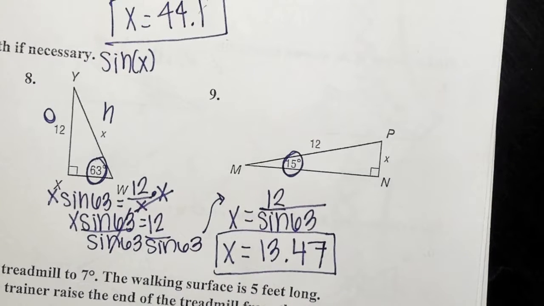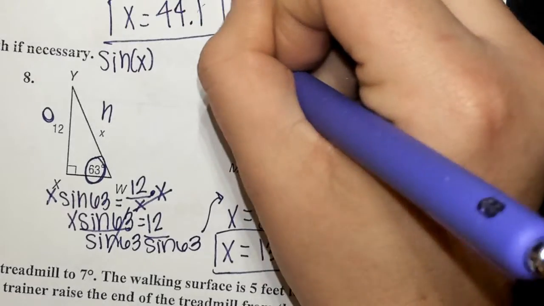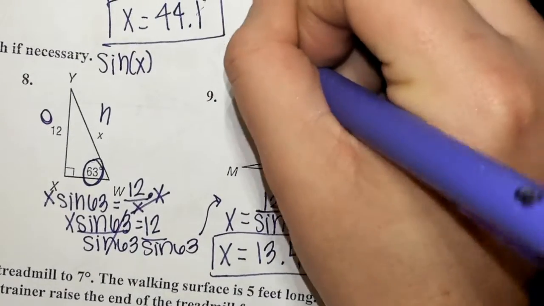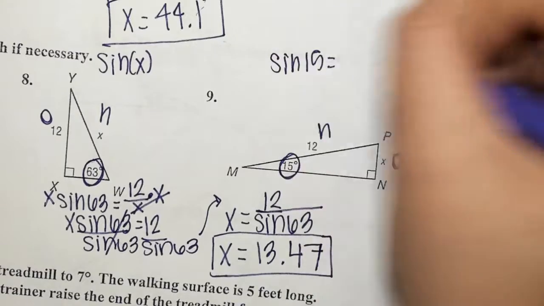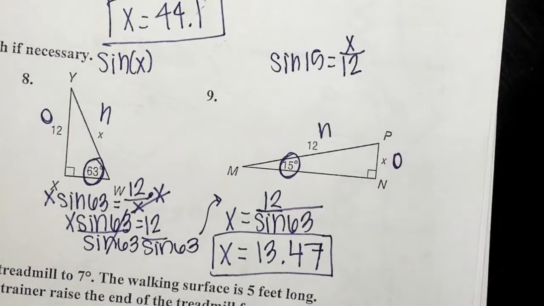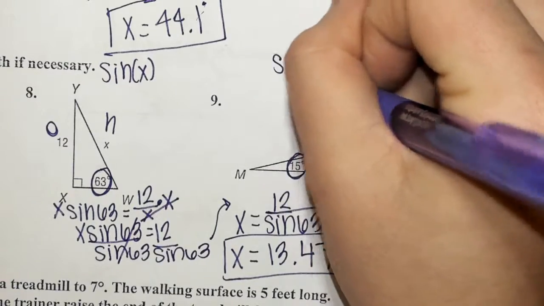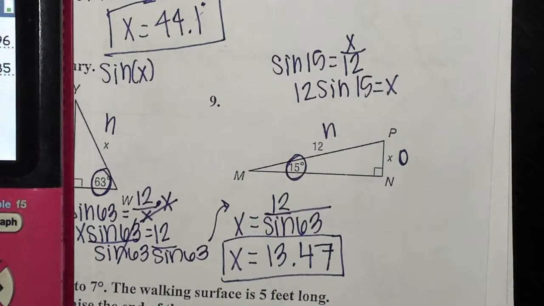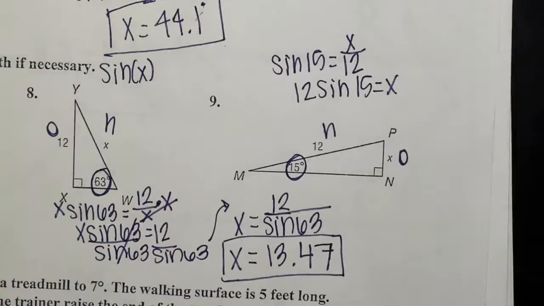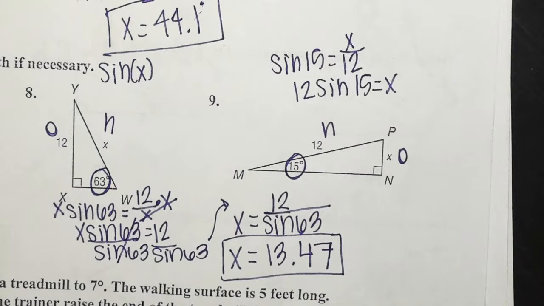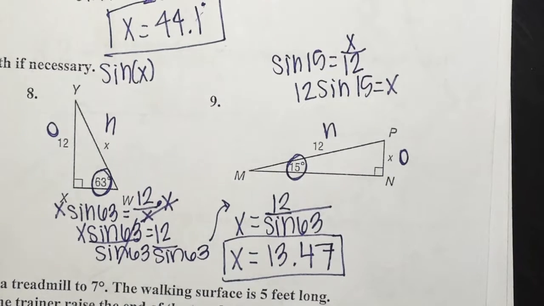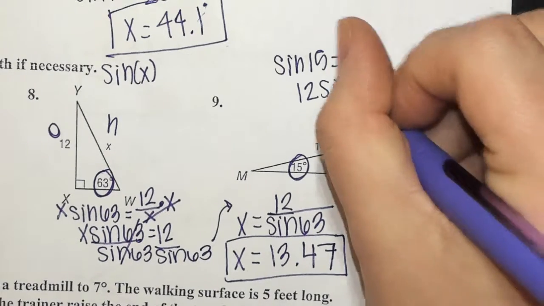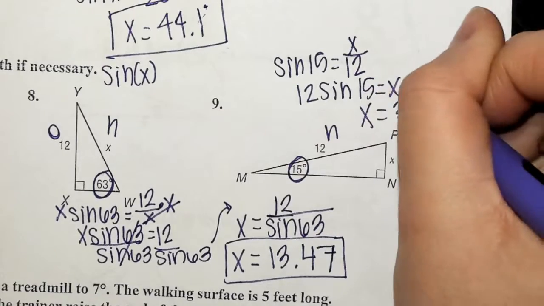Wait, oh, don't have your calculator. Do I get X is equal to 3.11?